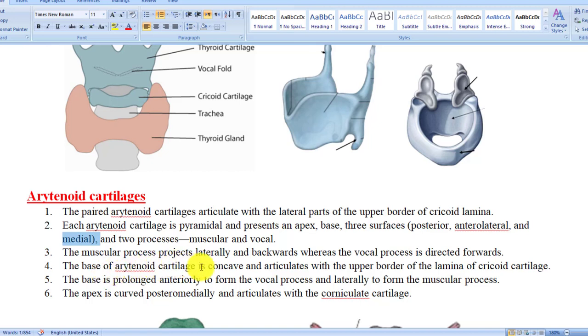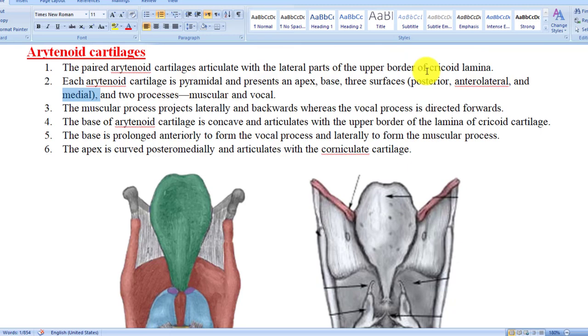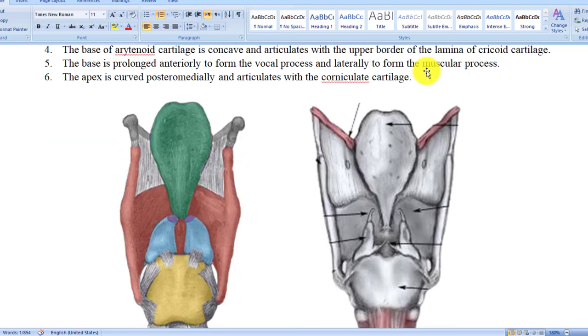The base of the arytenoid cartilage is concave and articulates with the upper border of the lamina of the cricoid cartilage, which I have already told you. The base is prolonged anteriorly to form the vocal process and laterally to form the muscular process. The apex is curved posteromedially and articulates with the corniculate cartilage. So this is the apex of the arytenoid cartilage, and it articulates with the corniculate cartilages, right?